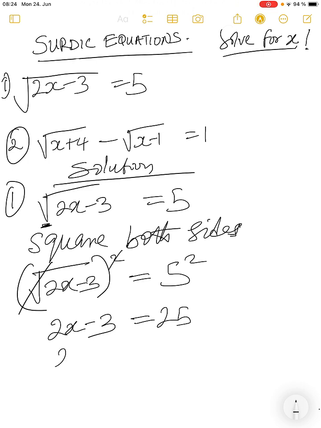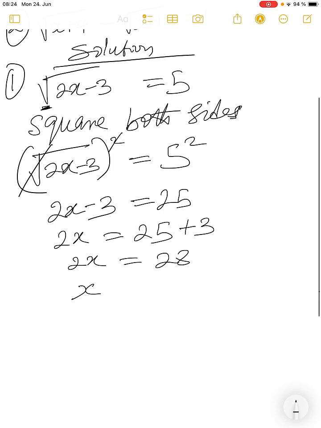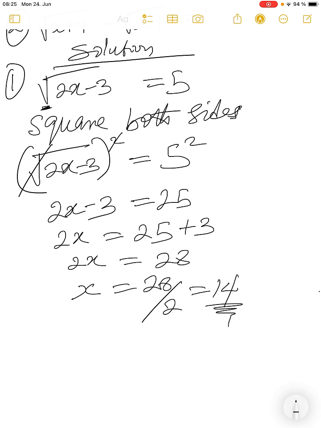So we have 2x equals 25 plus 3. 2x equals 28. So our x is what? 28 over 2, which is 14. So you've solved for x in the first case.